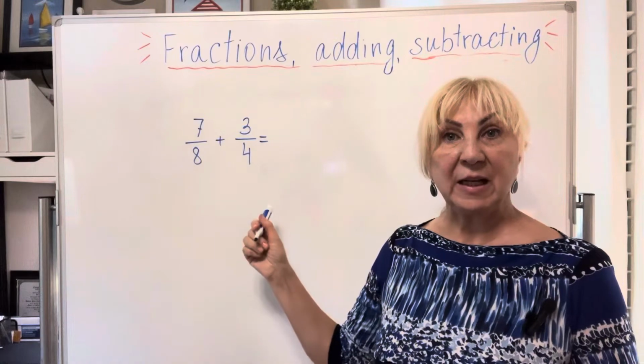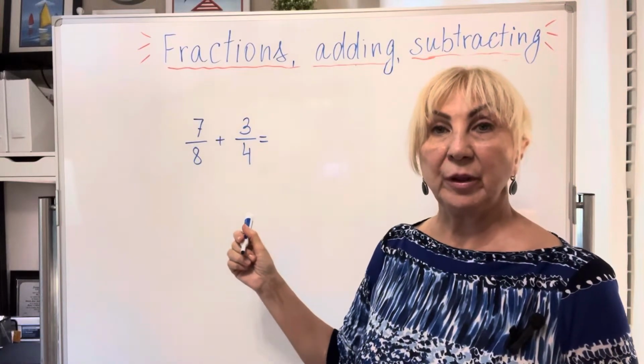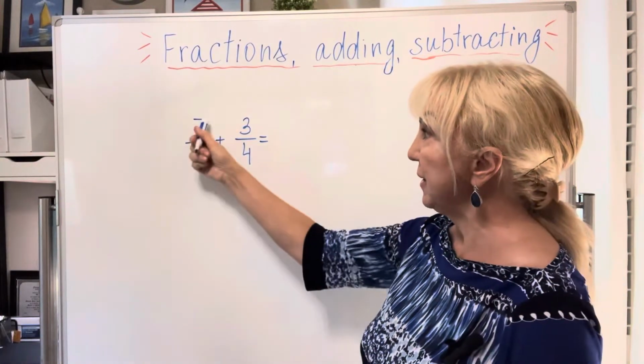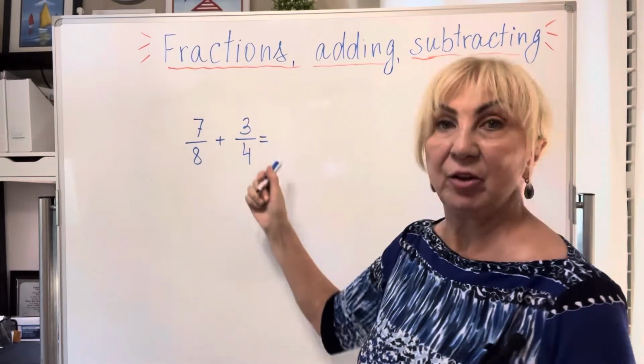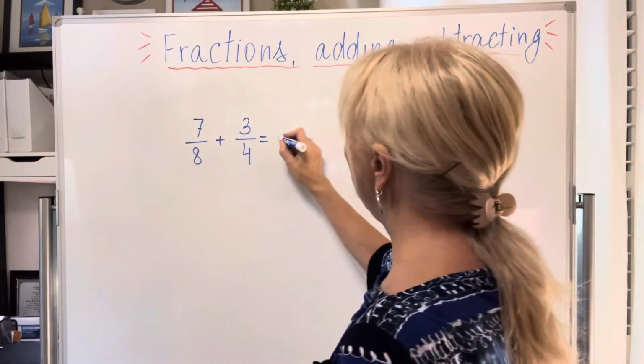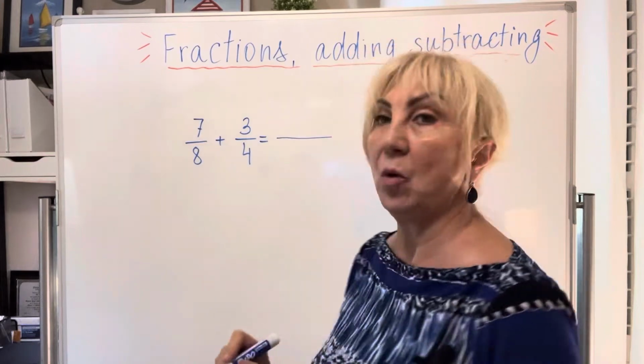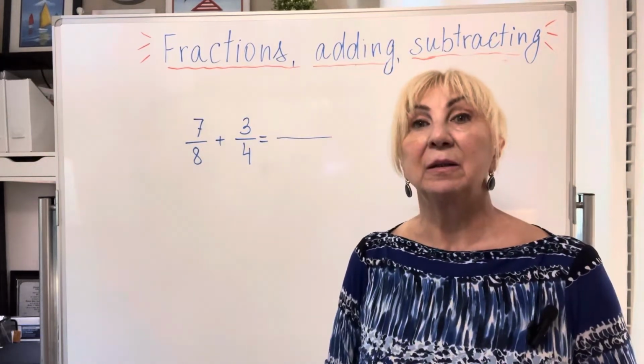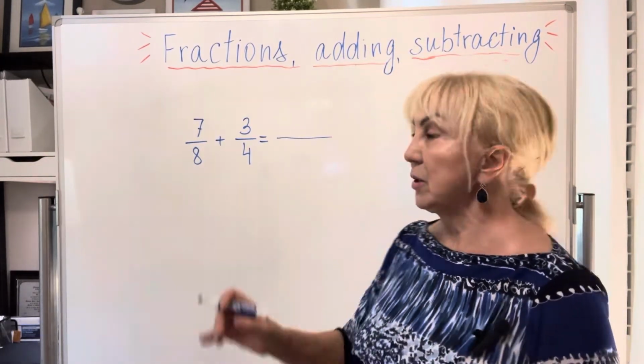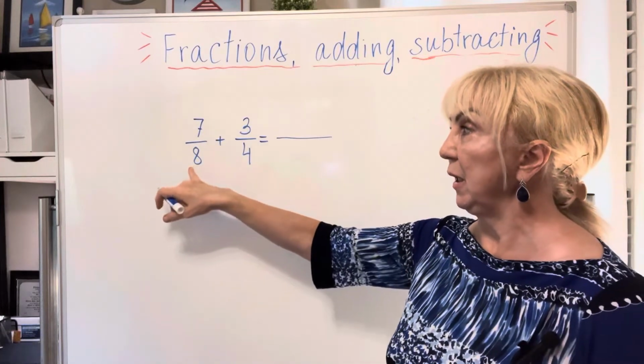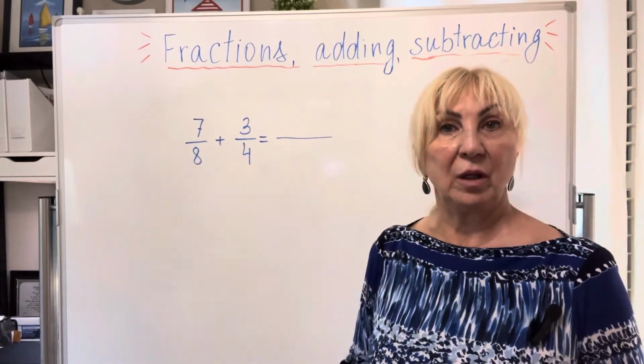Let's work out another example. We're going to add two fractions, 7/8 plus 3/4. First of all, we need to find the least common denominator. The denominators are 8 and 4.